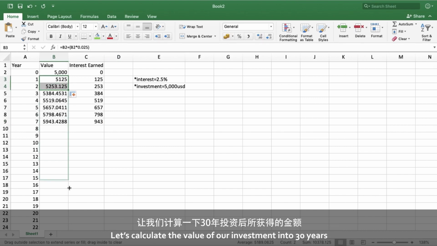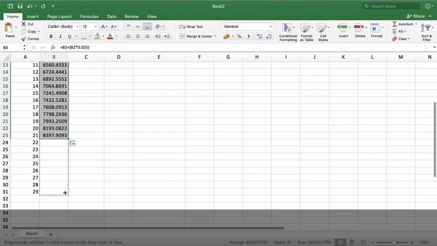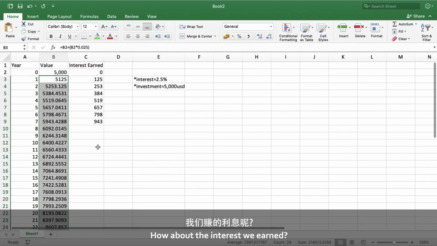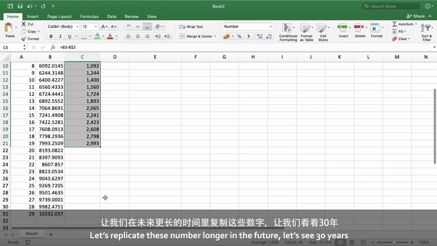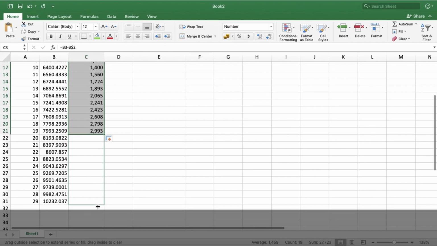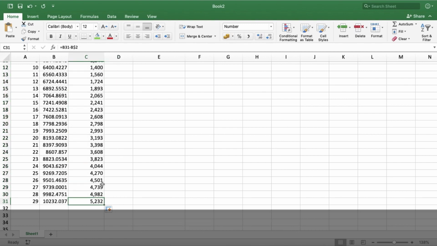Let's calculate the value of our investment into 30 years. Wow. How about the interest we earn? Let's replicate this number longer in the future. Let's see. 30 years. Wow. Can you see the numbers? How they change?